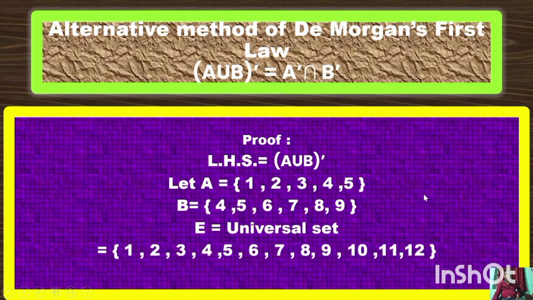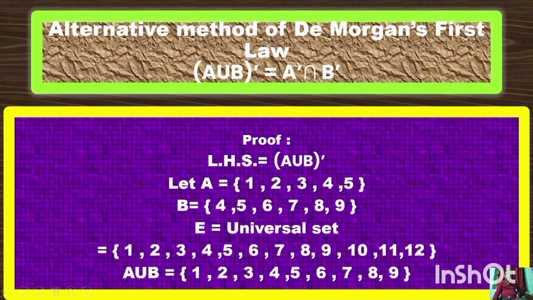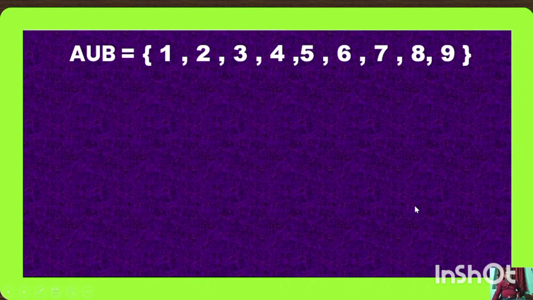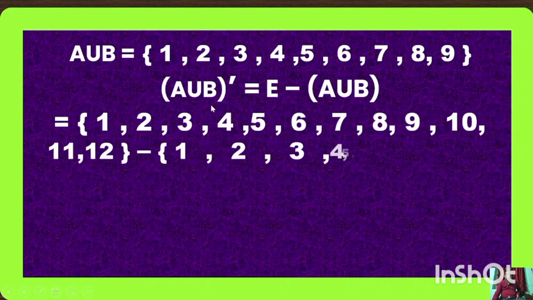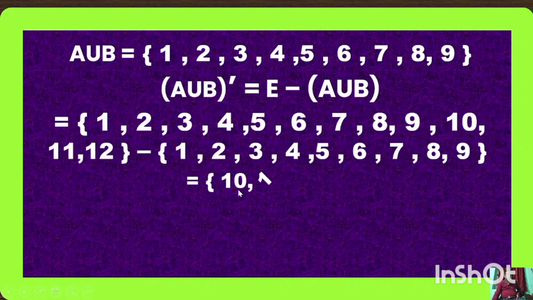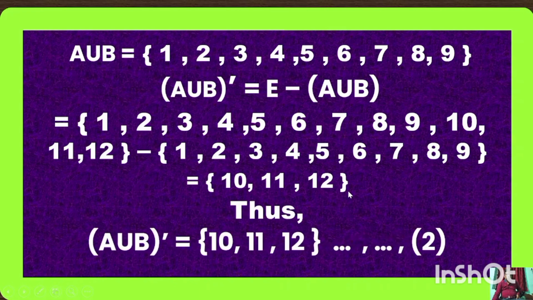Let us take the universal set, then you find A union B. Then you find (A union B) whole dash, which is E difference A union B. The elements of (A union B) whole dash are 10, 11, 12. Thus, (A union B) whole dash is equal to {10, 11, 12}.